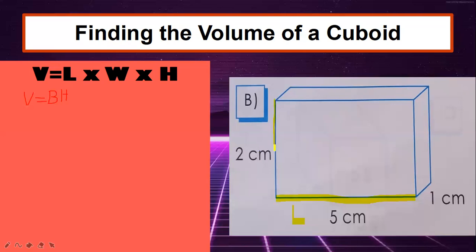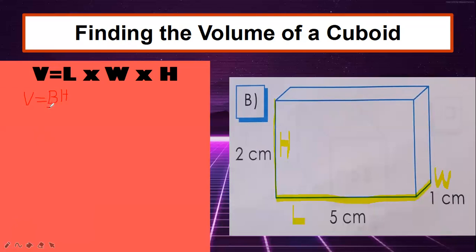And from top to bottom, this side right here is our height. I hope everyone can see that yellow highlighter. And along the side is our width. Now that we have labeled our cuboid, we are ready to solve the problem.